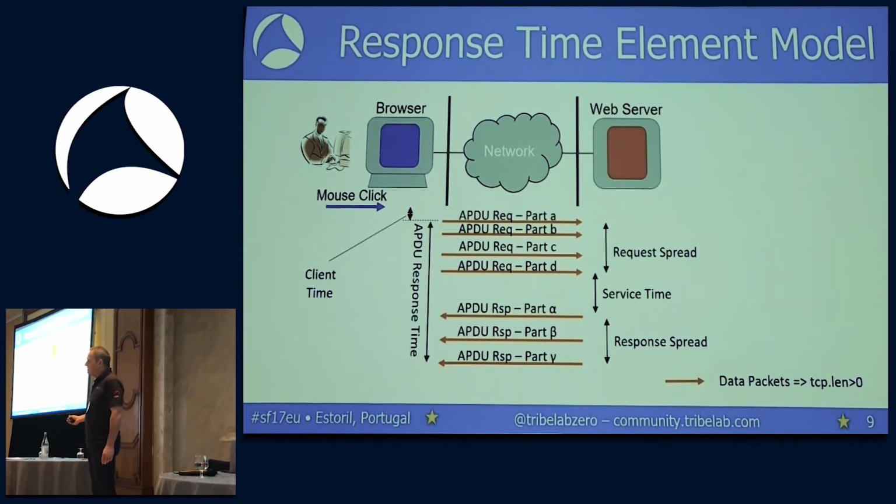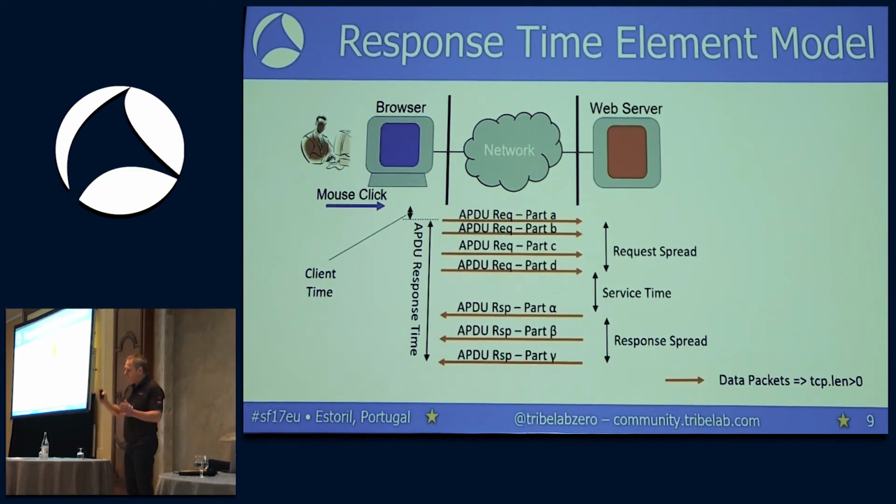So I'm showing this for a web server. I hope you understand that this is equally true for a PC to its file server, for a web server to a database, even for an application server going out across the internet to some external service. This all holds true for all of those types of systems and applications.